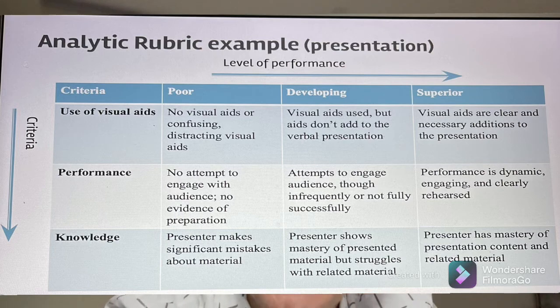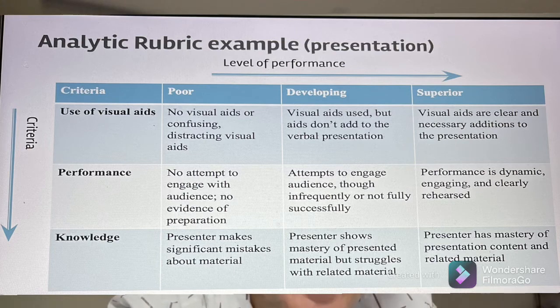For the performance levels, we have poor, developing, and superior. How will we know that the presentation is poor based on the use of visual aids? It is poor when there is no visual aid, or if there is, it is a distracting visual aid. It is developing when visual aids are used but don't add to the verbal presentation.